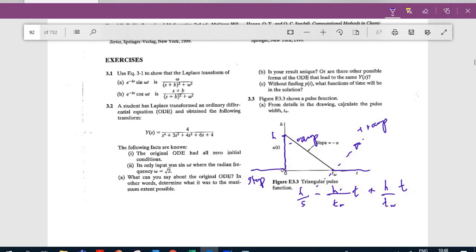So this is what we have as an equation. Sorry, I mixed up here. Talking only about the time domain, this is the time domain.